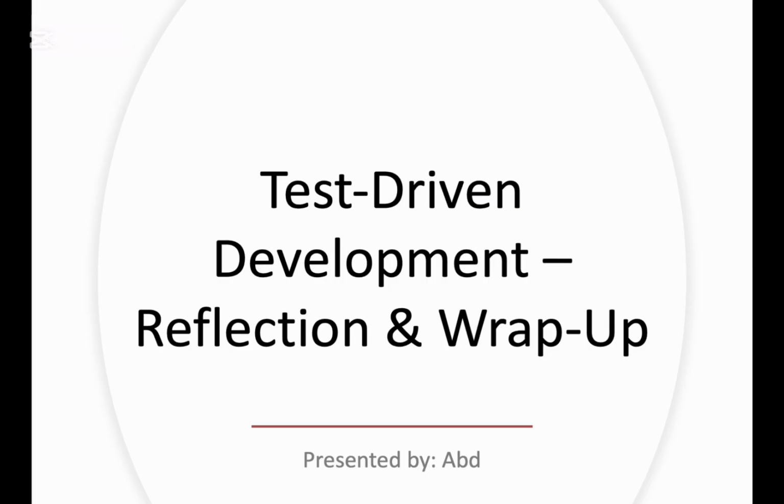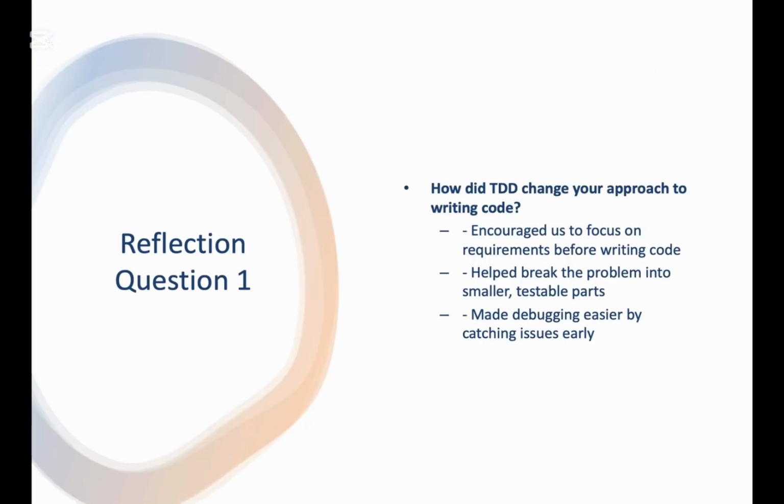This is Abed, and I will be wrapping up our presentation by sharing a reflection on our experience with test-driven development, also known as TDD. So first, how did TDD change the way we approached writing code? TDD pushed us to focus more on the requirements before writing any code.